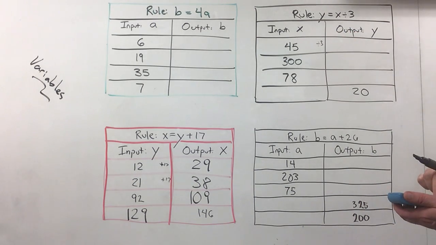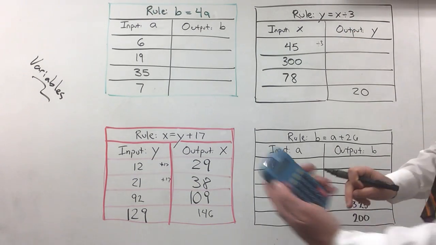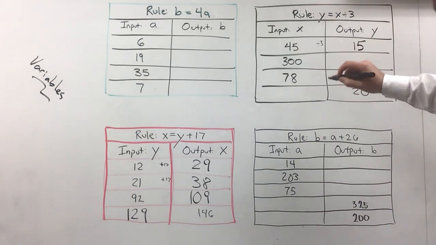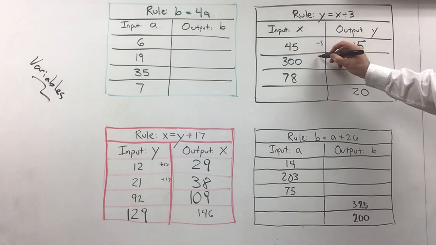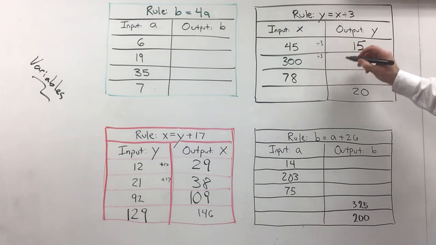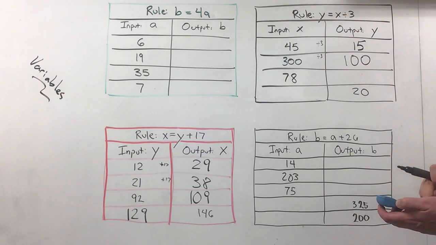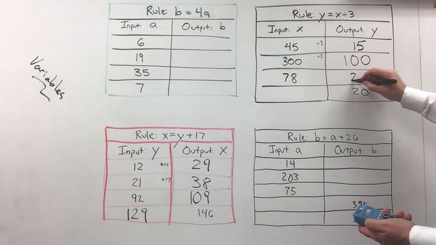So 45 divided by 3, 15. Same here. 300 divided by 3 is 100. 78 divided by 3 is 26.